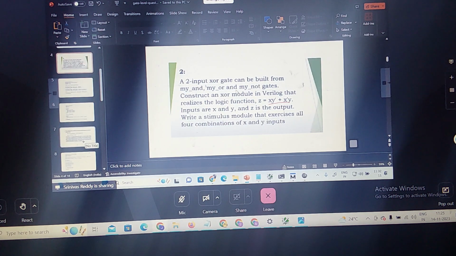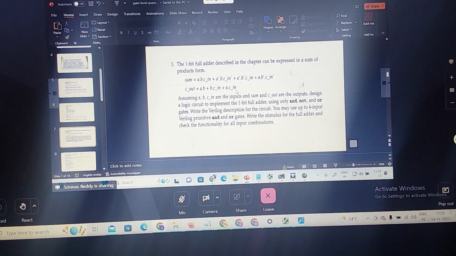I think this question we have already done. This is a 1-bit full adder. This is my sum expression, this is my carry expression. We have done this already. So when you are doing the 4-bit parallel adder, you are instantiating the full adder, which you built using half adders.